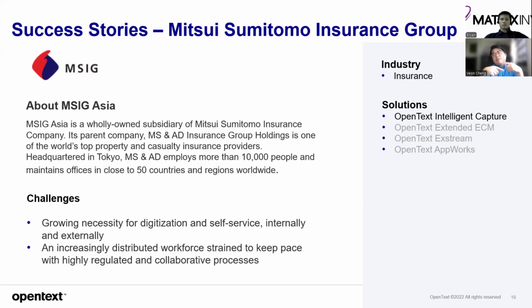We extract all this data and pump it into the so-called policy system. At the same time, they can use other OpenText systems like Extreme to generate documents, and once they sign the policy, they can pump all this information right to the customers. So there's a whole ecosystem we can explore with these customers.